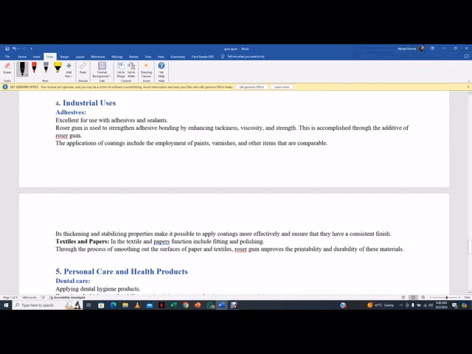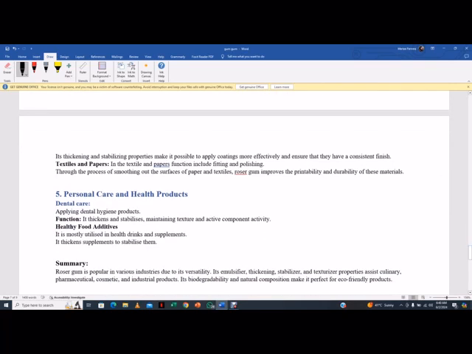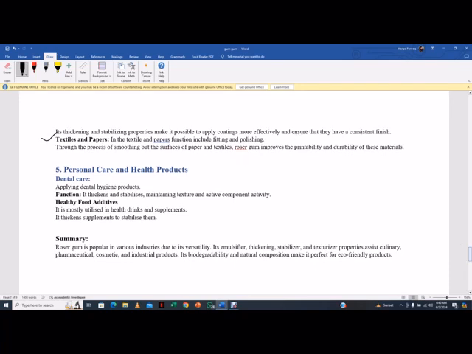In the paper and textile industry, it is used in sizing and finishing for a smooth surface and improved printability and durability.